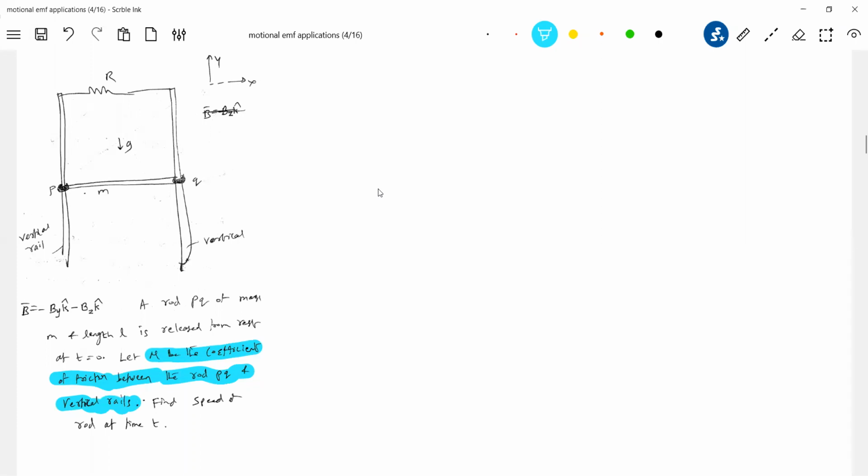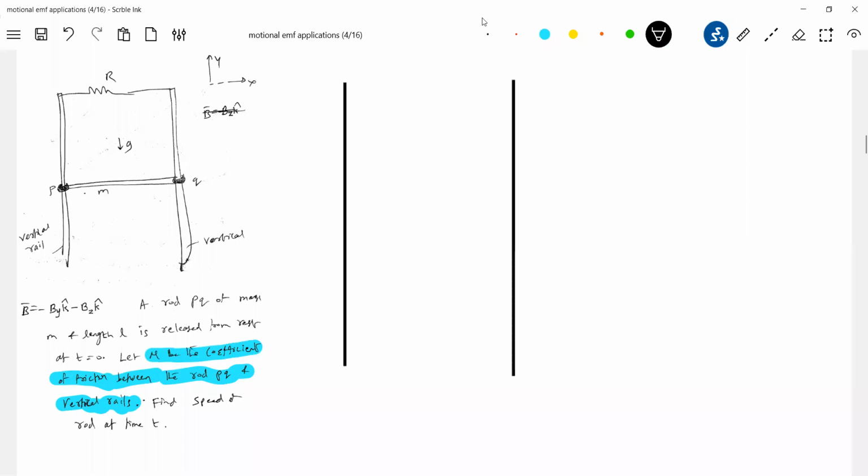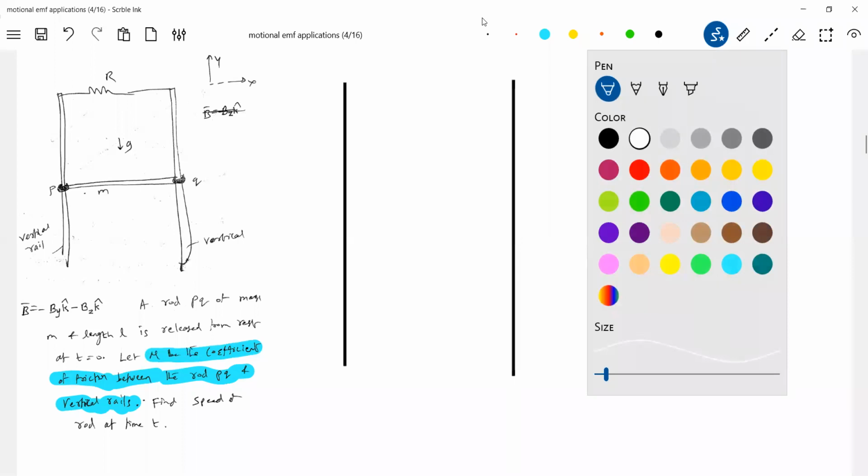Look at the magnetic field. One component is along the negative z axis, the other component is along the negative y axis. I'll get into the problem. So let this be. Sir, is it minus B j cap or k cap in the question? Another is j cap. Some misprint occurred, I'll change it.